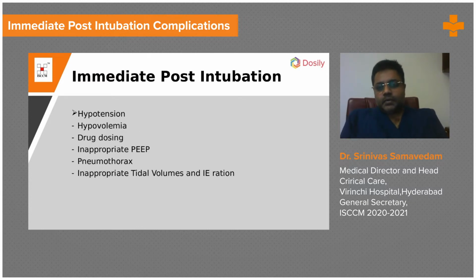Hypotension. This is another problem which I'm sure those of you who have initiated mechanical ventilation would have noticed. Soon after you give the drugs for intubating these patients, the patient's blood pressure drops. The reason for this is that in 80% of these patients, the cause of hypotension is hypovolemia. So a patient who's been given sedatives like benzodiazepines and opioids should be intravascularly full if you want to avoid hypotension.